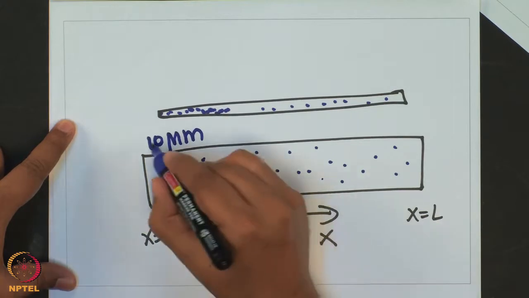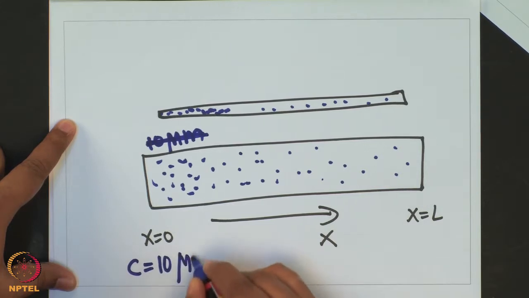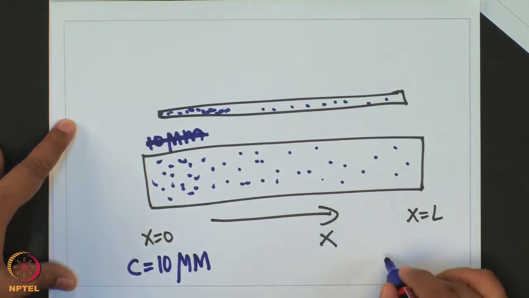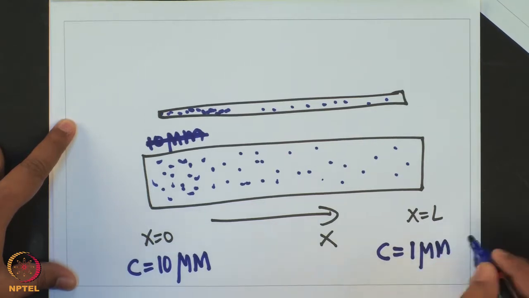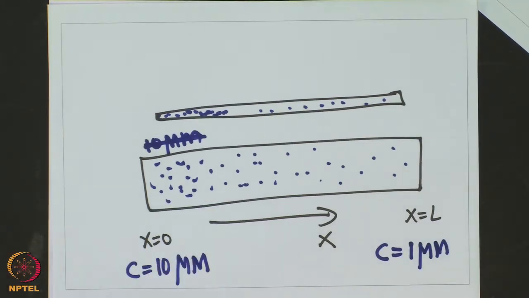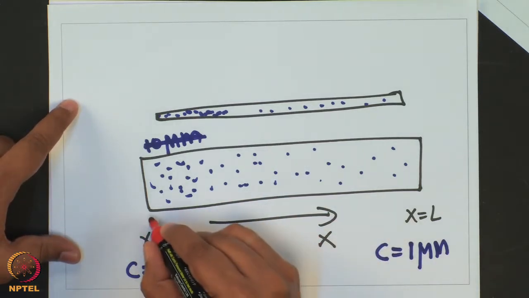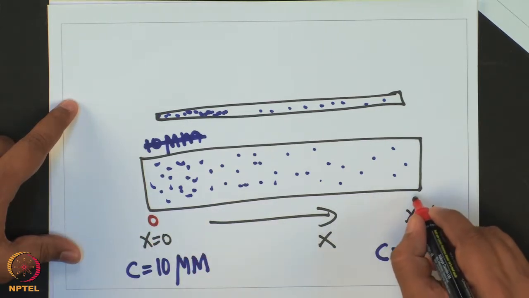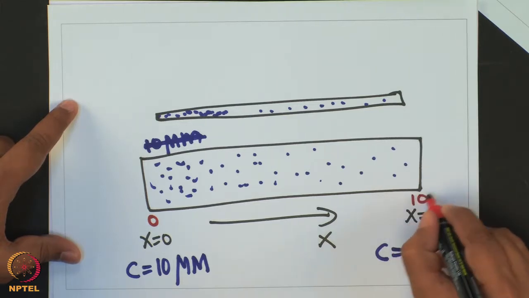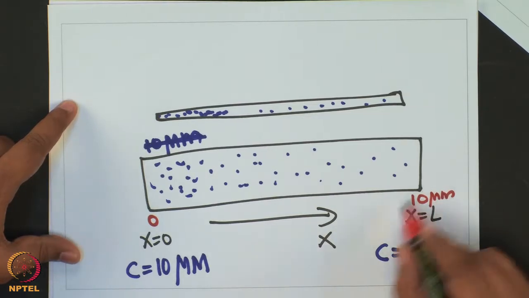At this other end, let us say it's essentially 1 micromolar, and the length here is in microns, so this is 0 micron, and here let us say this is 10 micrometer. So this is the length, x equal to L, which is 10 micrometer.